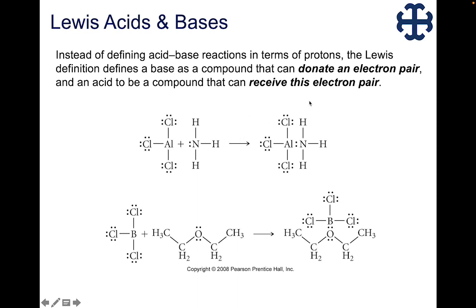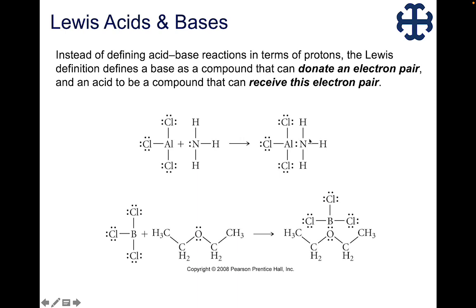So a Lewis base can donate an electron pair, and so if we're looking at this, something like ammonia has an electron pair that it can donate into a Lewis acid, which is something capable of accepting electron pairs. So in this case, it's ammonia, or not ammonia, it's aluminum, Al here.